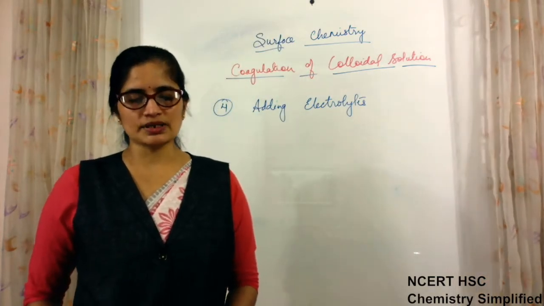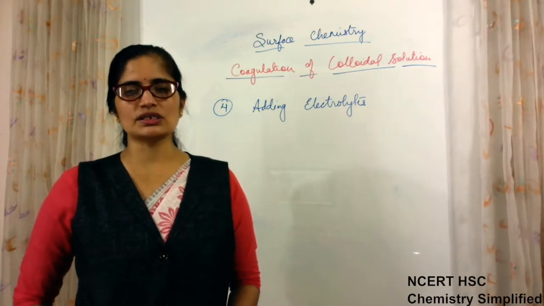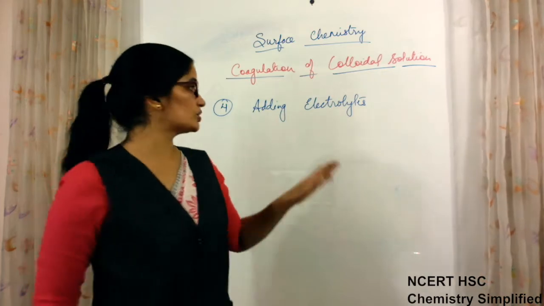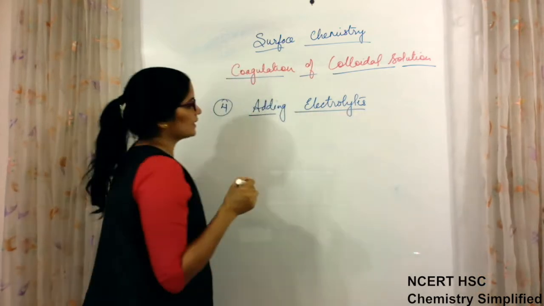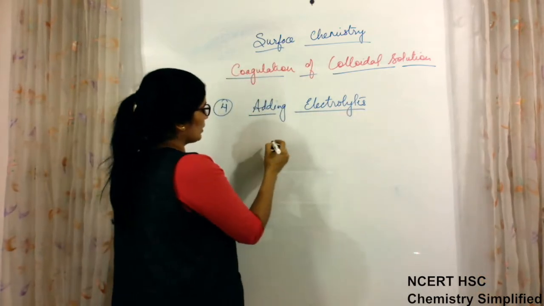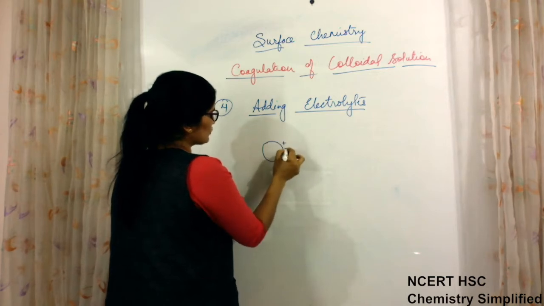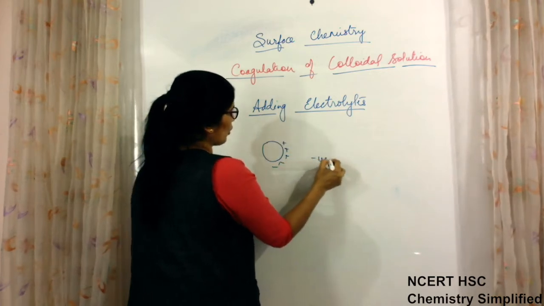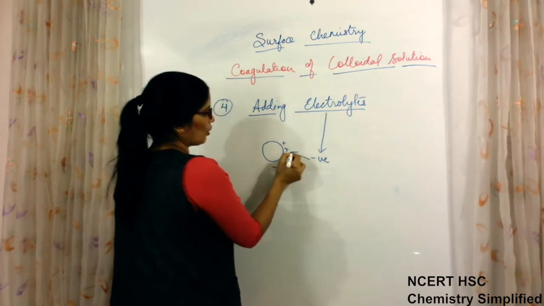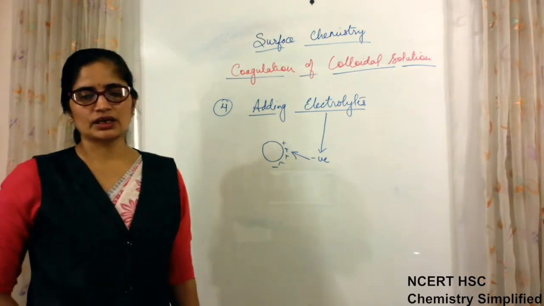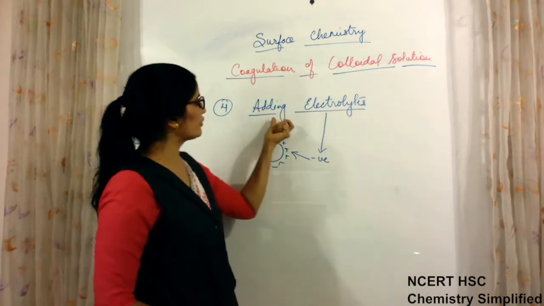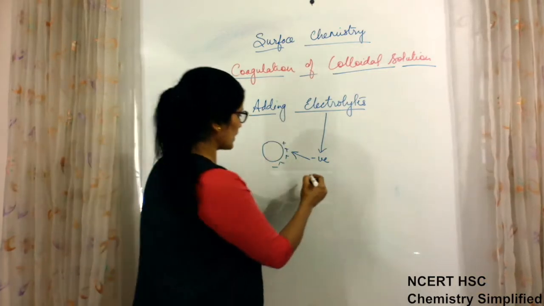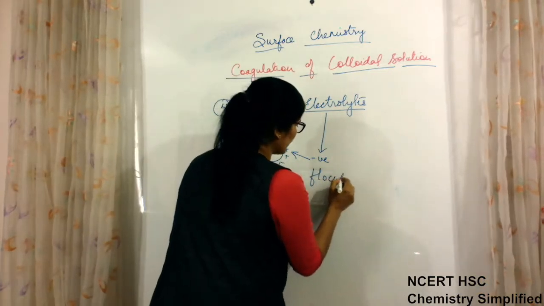Electrolytes are the substances which can ionize into positive and negative ions in solution. So they will get ionized, and suppose a sol is having positive charge, so the negative charge of the electrolyte will cause its coagulation. Now, this coagulation by the addition of electrolytes is also known as flocculation.